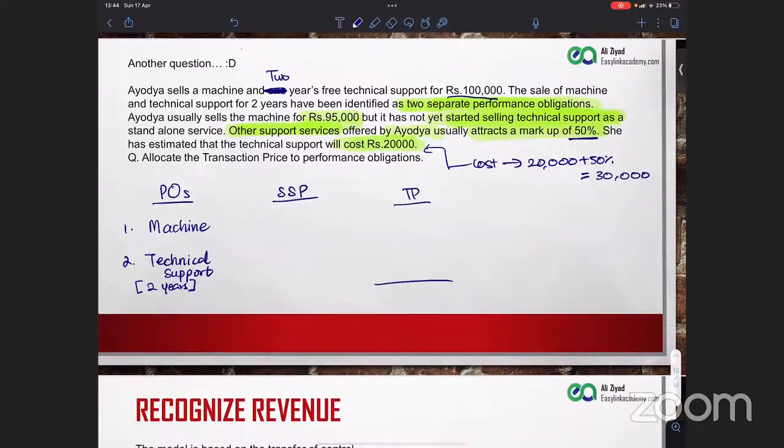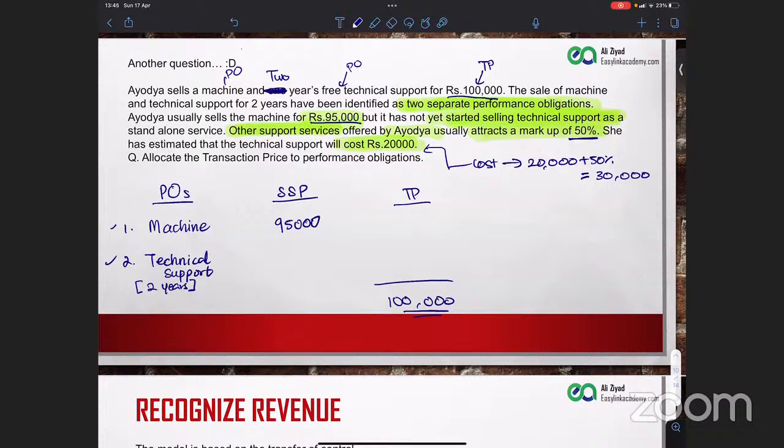The total transaction price is 100,000. We have one performance obligation here, another performance obligation here. The standalone selling price of the machine is how much, guys? 95,000 rupees.